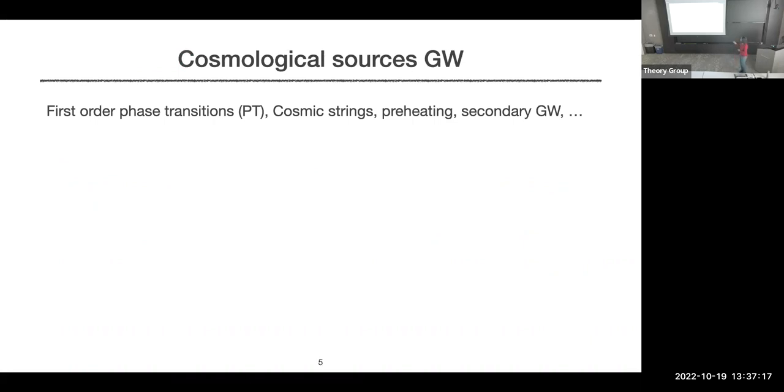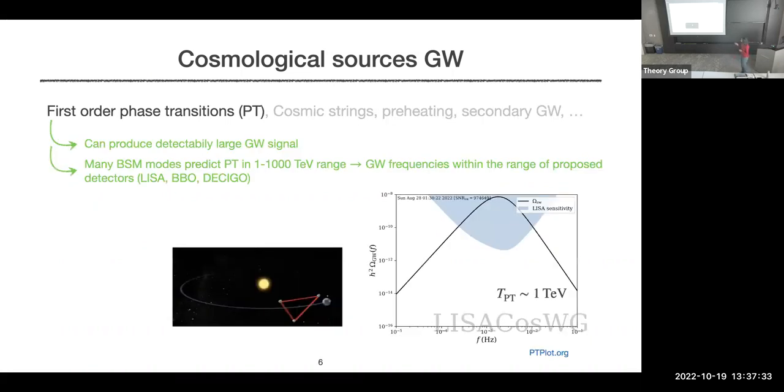Now, cosmologically, there are various sources of gravitational waves that we can consider. For example, first order phase transitions, cosmic strings, they can be produced through preheating, or produced at second order in scalar perturbations. Today, I want to focus on first order phase transitions as the source of gravitational waves, mostly because strong first order phase transitions can typically give detectably large signals.